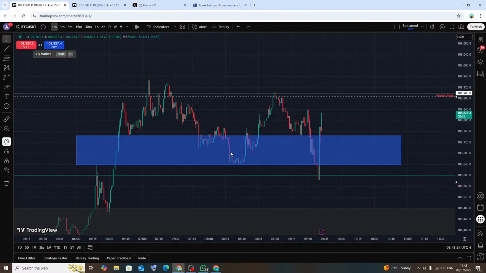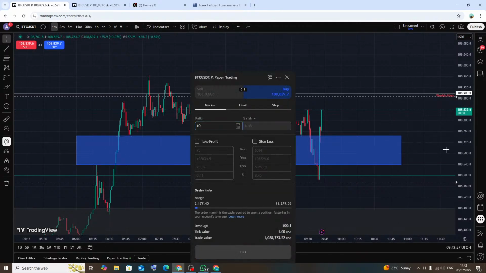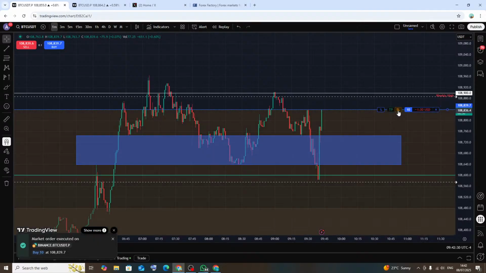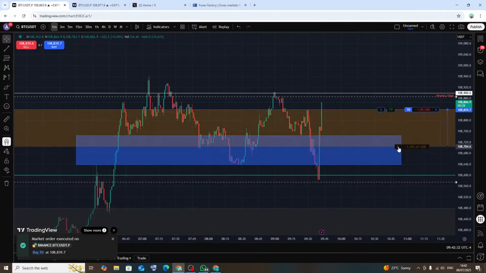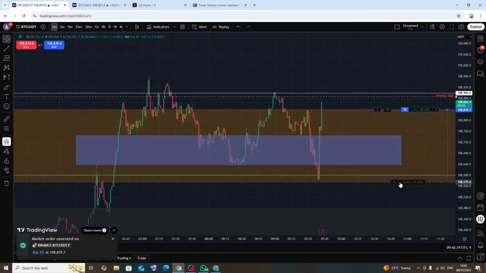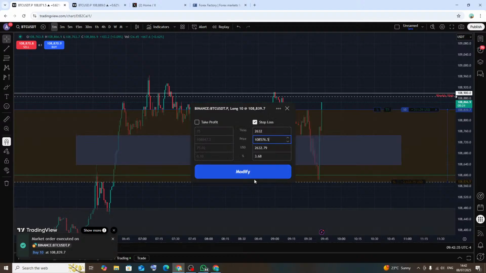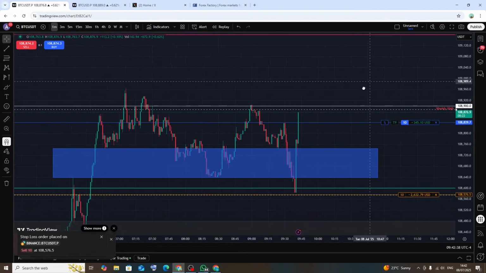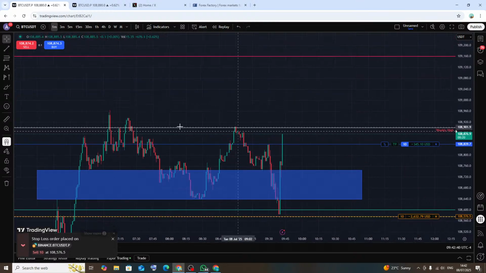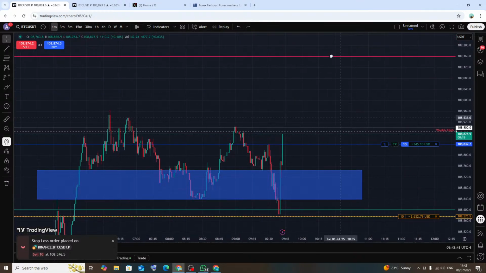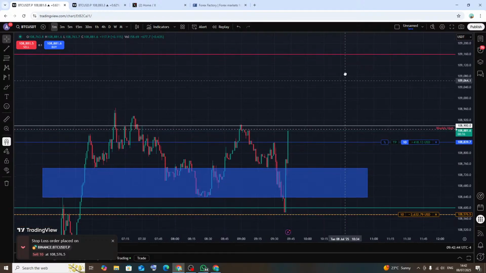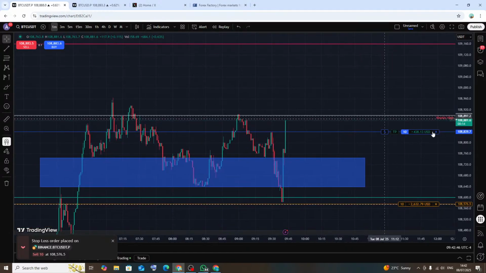You can buy. My stop loss will be just below this candle. Initial stop loss will be there. I am looking for these highs, those highs, this area as well, this pink area as well. It should show no intent to come down.